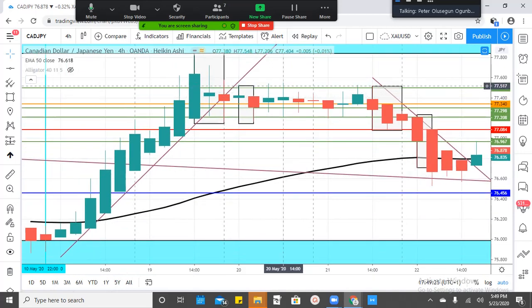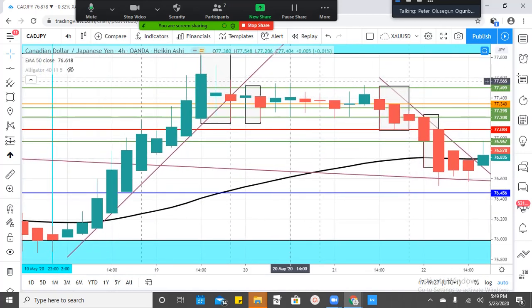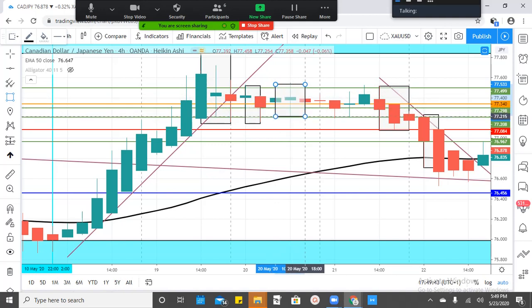So these two candles will be another thing to consider. So let's pick them.